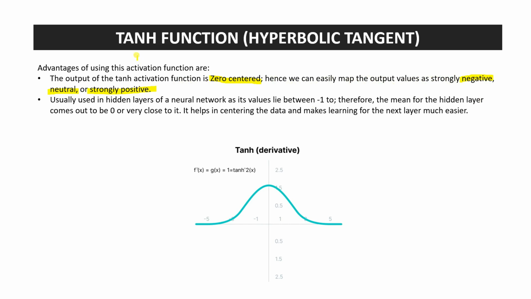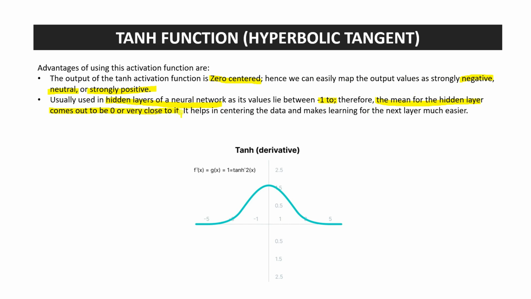Now the question is how the tanh activation function is used. It's used in the hidden layer of the neural network, as its values lie between -1 and 1. Therefore the mean of the hidden layer comes out to be 0 or very close to it.